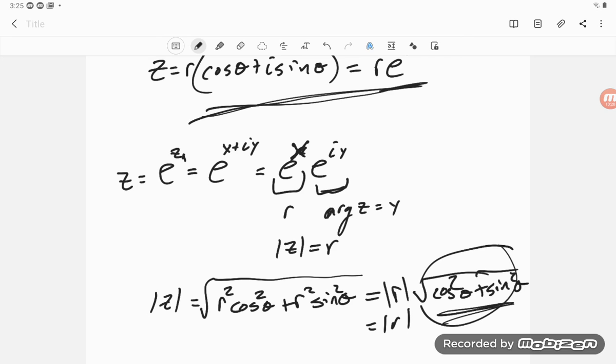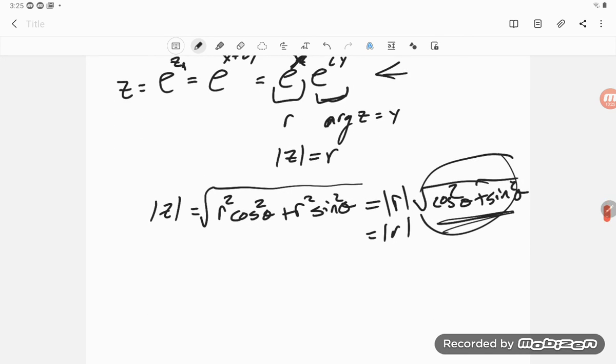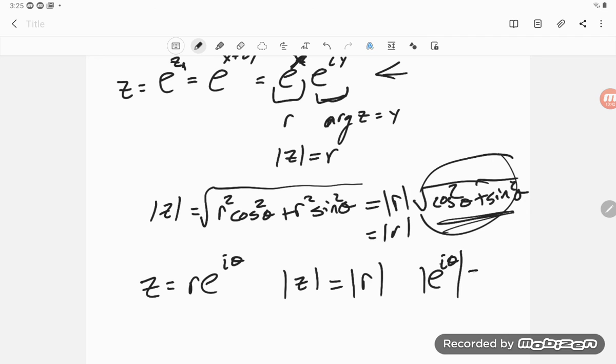So if I write z equals r e to the i theta, then the magnitude of z is just the absolute value of r, because the absolute value of e to the i theta is 1. Now we'll go back and look at some of these theorems.